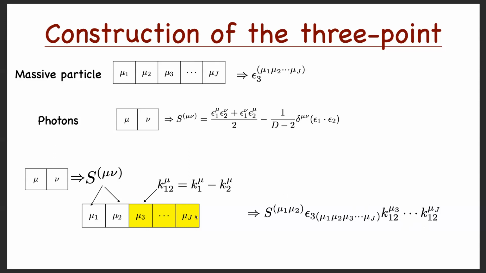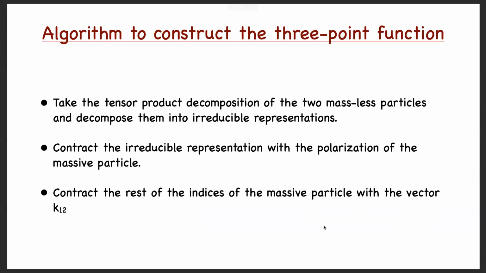Now this is in momentum space, and my goal is to construct the terms that I have to include in the Lagrangian to represent such a vector. So this is the algorithm to construct the structure: construct the tensor which I got from the tensor product decomposition of the two photons, and whatever is left, I have to construct with the vector K1 for the boson.